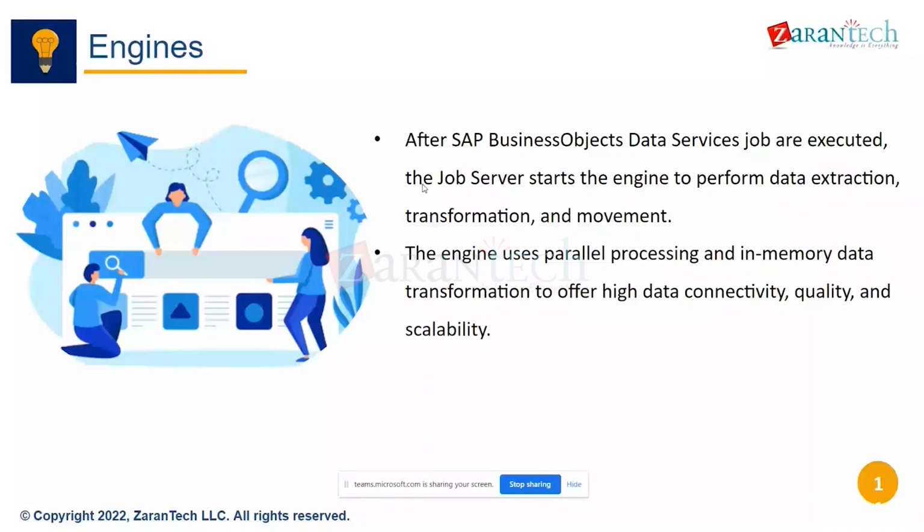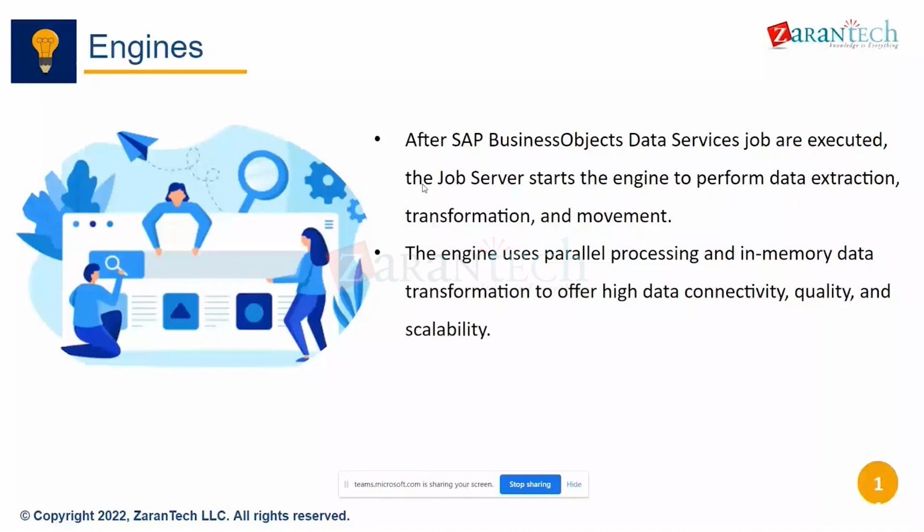Why do they create a job server group? For example, I am working on a particular project in my local repository. I don't know which job server is the busiest, or what the maximum number of jobs running on a particular job server is. If I trigger jobs on a job server that is busy with many jobs running, my job will get delayed and won't load the data faster.